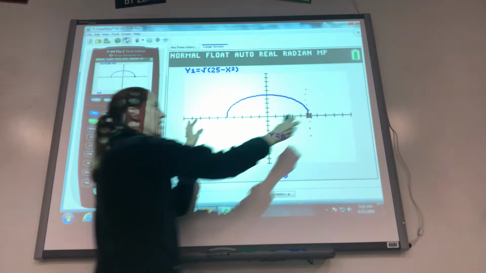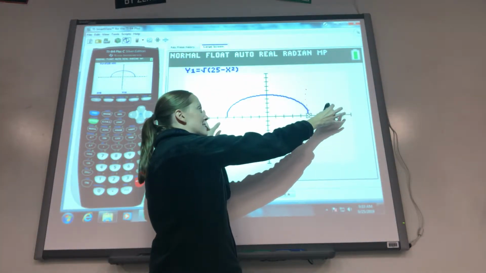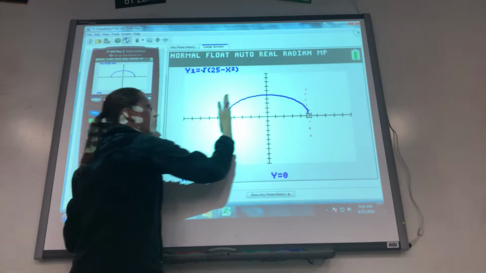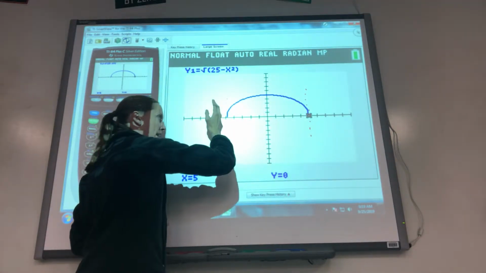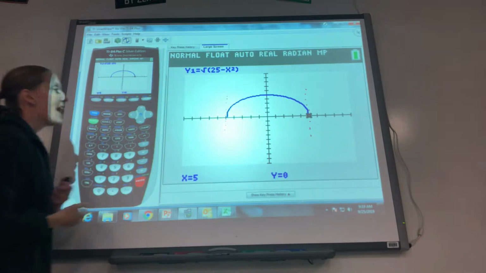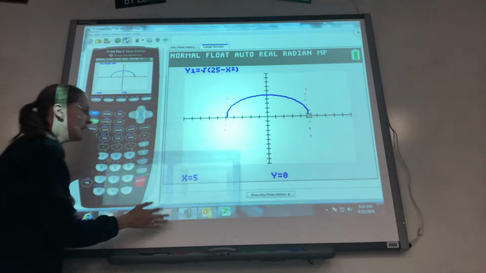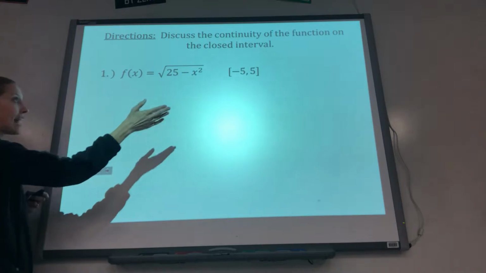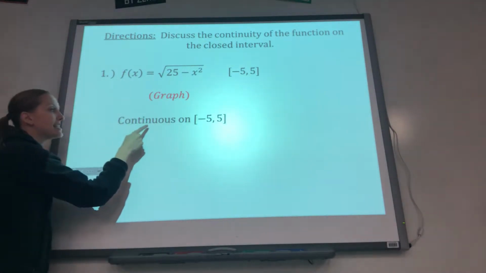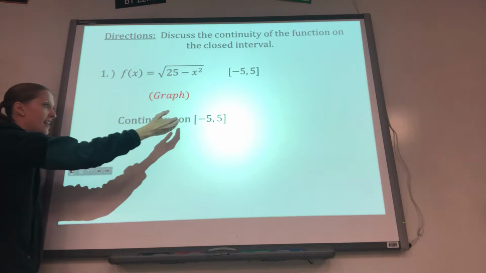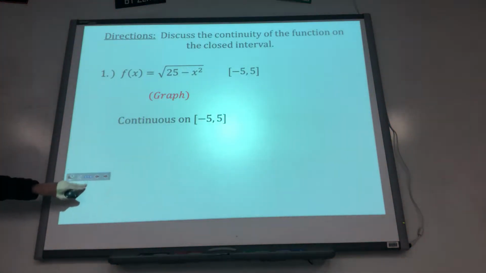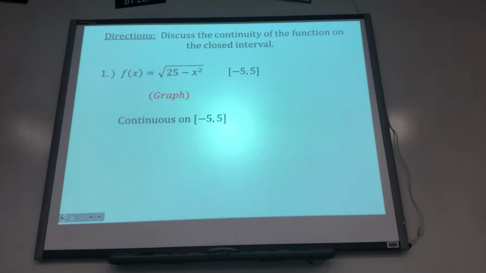I don't care that nothing is going on out past these x values, because my closed interval was just -5 to +5. And it's all looking continuous to me. So what I would say is, it is continuous on, and I wouldn't say continuous everywhere, because it doesn't really exist everywhere. We need to just say continuous on the closed interval, -5 to 5.